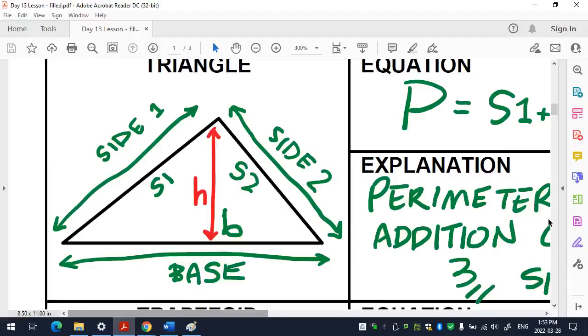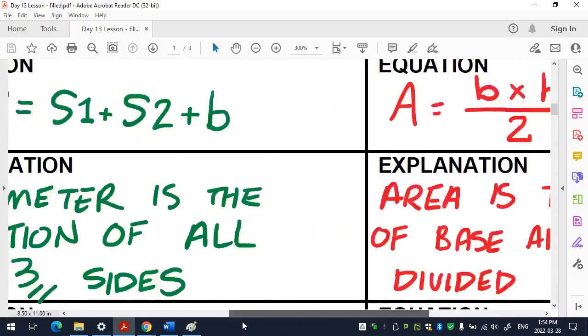Okay. If I gave you this shape and I ask you to calculate the perimeter, what do you just do with the 3 sides? Perimeter, you just add. How many sides though this time? Exactly. You add side 1, side 2, side 3. So everyone, here is the equation.